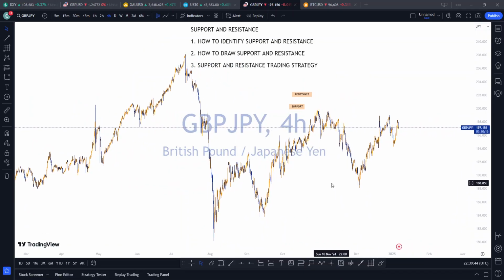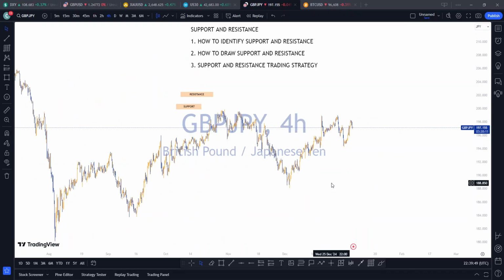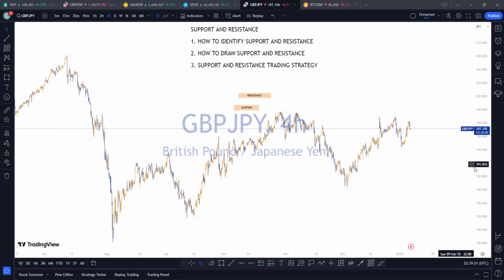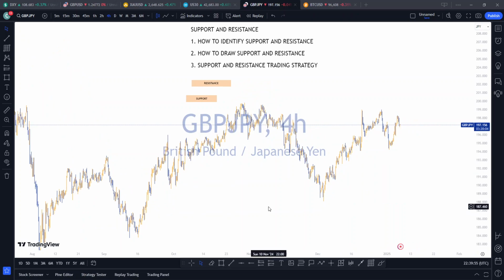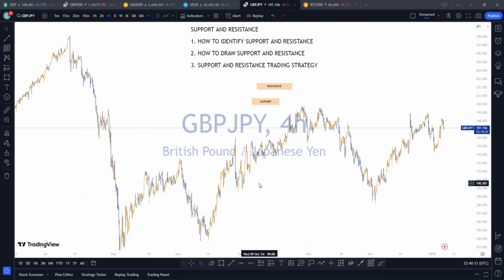When you zoom in, it's more compressed and you can see the price action way better, and that's how you can identify a good support and resistance. It doesn't have to be very clean like the textbook, to be honest, and that's how advancement comes. You'll know that it does not have to be really clean. You just have to find a good support and resistance.